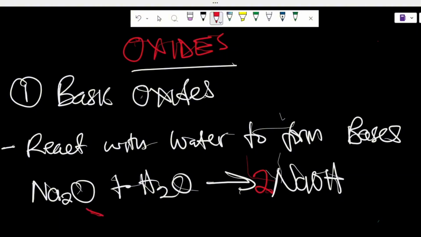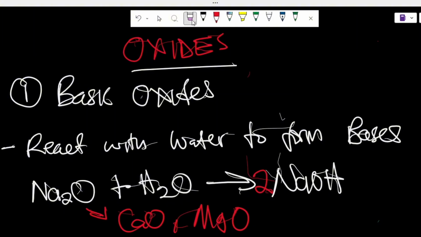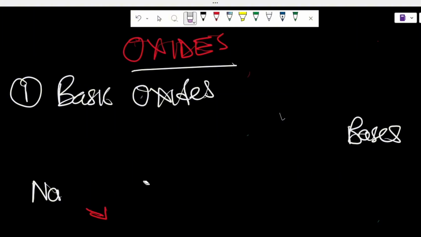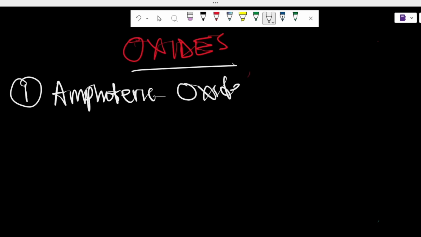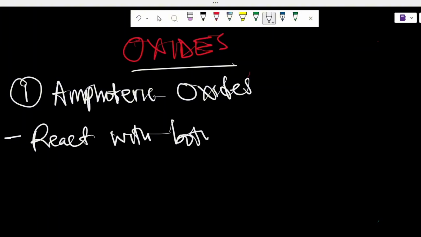So you see that in this case, even calcium oxide will be in the same category, or even magnesium oxide is also going to fall into the same category. Now, the other type of oxides that we can look at would be what we call the amphoteric oxides. Now, amphoteric oxides react with both acids and bases.